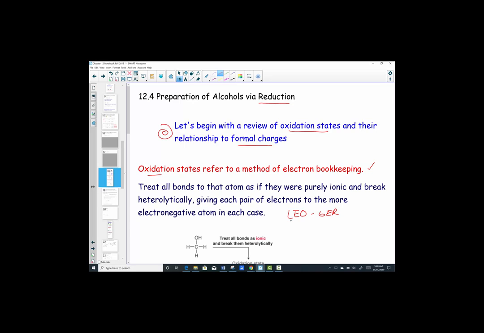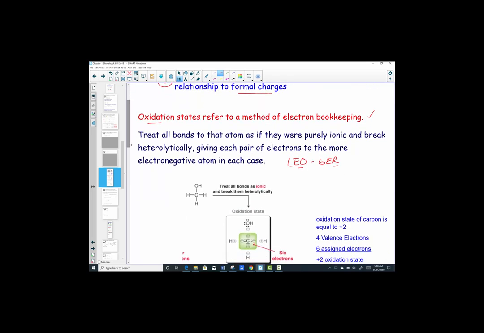So again, a classic definition: loss of electrons, oxidation; gaining electrons, reduction. This is the method chemists use to simply keep track of where the electrons are lost and where they end up going. So let's review how we assign oxidation numbers, and then I'll contrast that with formal charge.